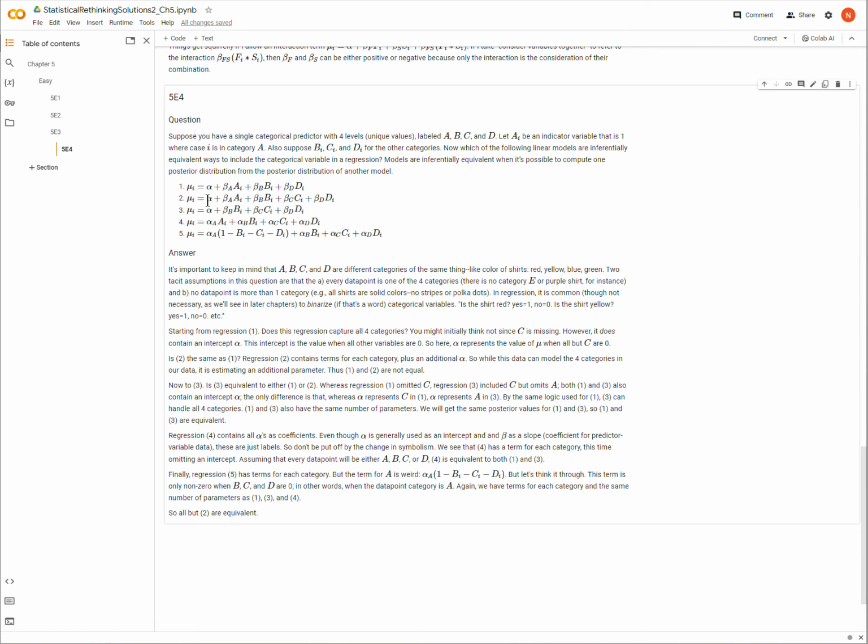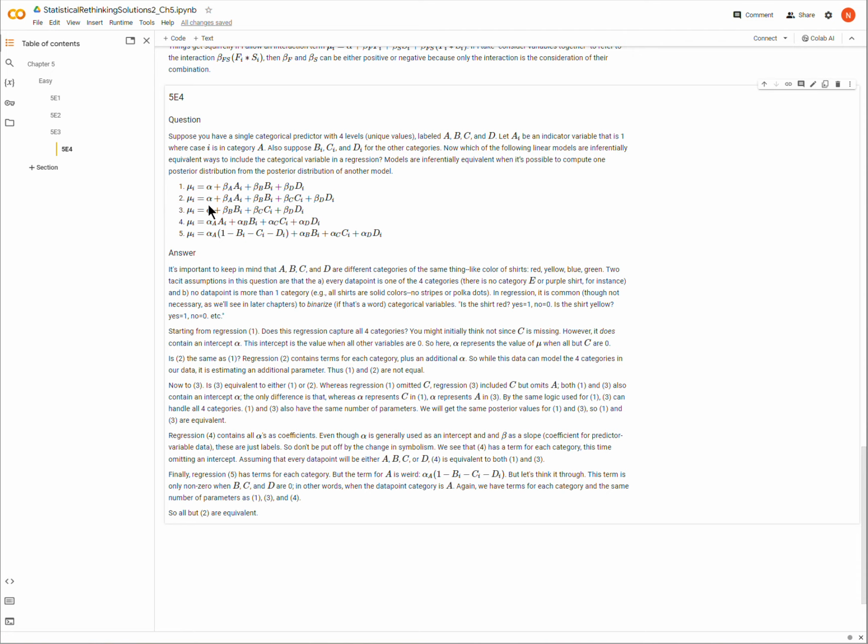And so what alpha would represent here is the average effect of each category on mu. And so all of a sudden we're estimating an additional parameter, and so the beta A and the beta B and the beta C, etc., will not be the same as the beta A and beta B and beta D found in regression 1. So 1 and 2 are not equivalent.